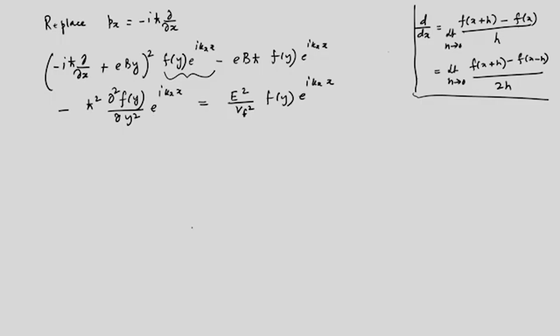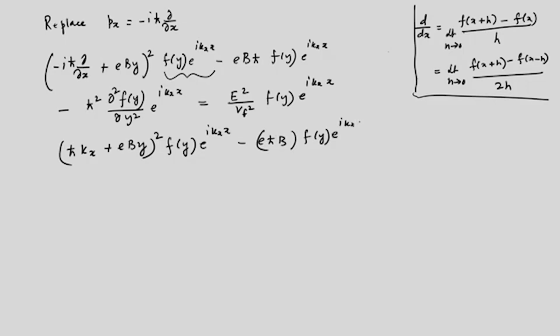f of y. So if you do a bit of simplification, then what comes is that (ħ kx plus eBy)² f(y) e^{ikx} minus eħB f(y) e^{ikx} minus ħ² ∂²f/∂y².